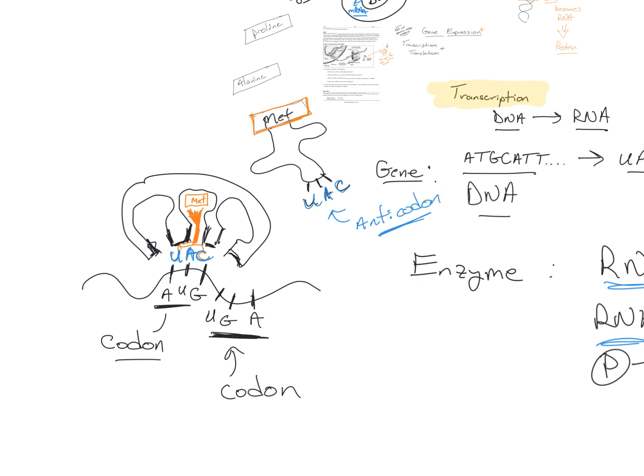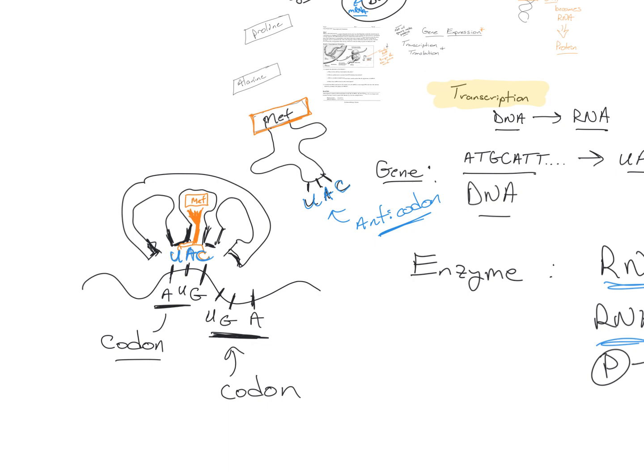The anticodon matches the codon. It literally, like a spy matching the letters, is going to match AUG to UAC. It's going to match ACU to UGA, etc.